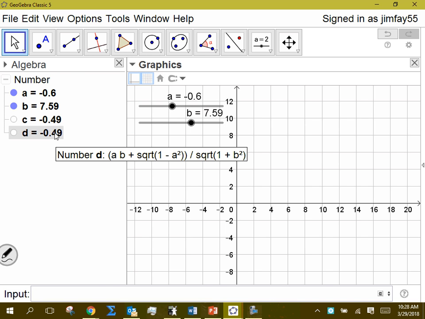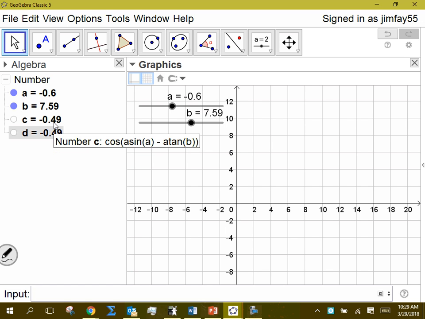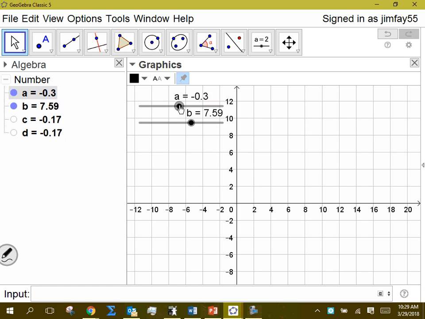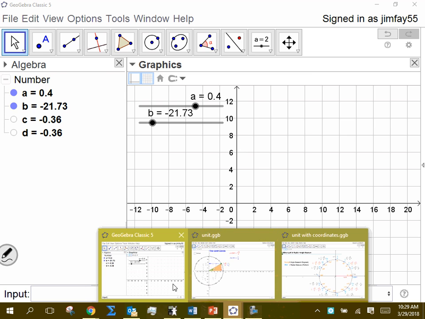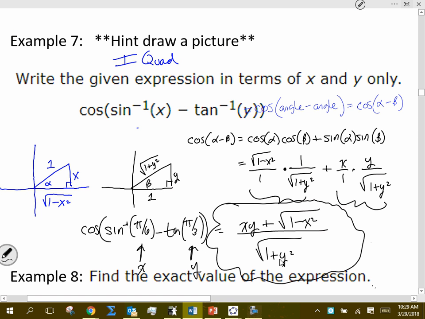So you see that there's that formula, there's that formula. They are indeed giving the same quantity back, no matter what value I plug in. Now, for tangent, I can use any numbers I want to. The logic is that your b value, which is this y here, can be anything, because when I square it, it's going to be positive, and adding 1 to it makes it a positive number.